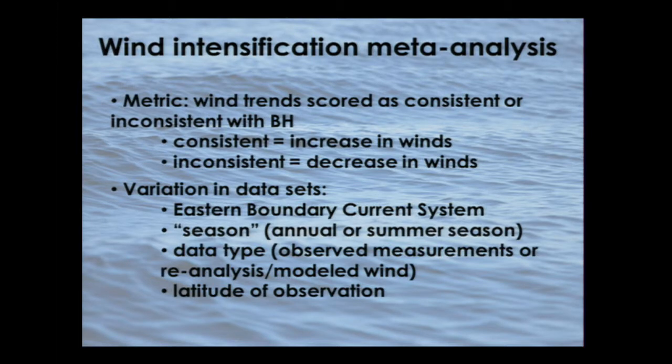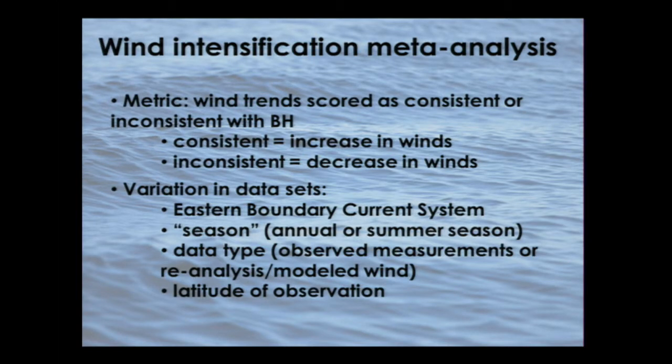There was lots of variation in these data sets. We needed to obviously look at these based on the system. So I showed you the picture of the globe. We looked at seasonal data, and I put season in quotes because the question was, were the data sets annual data sets, or were the data sets just from the warm season? And I want to point out that I would be saying warm in summer because some of those are in the southern hemisphere.